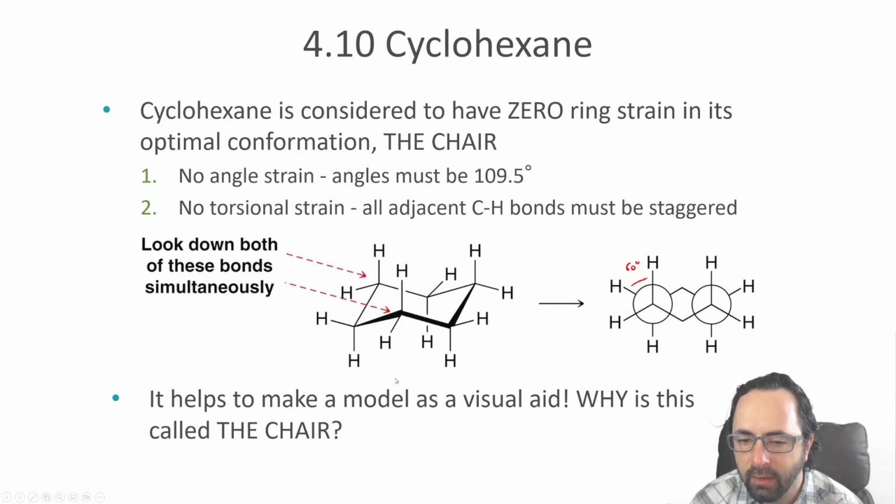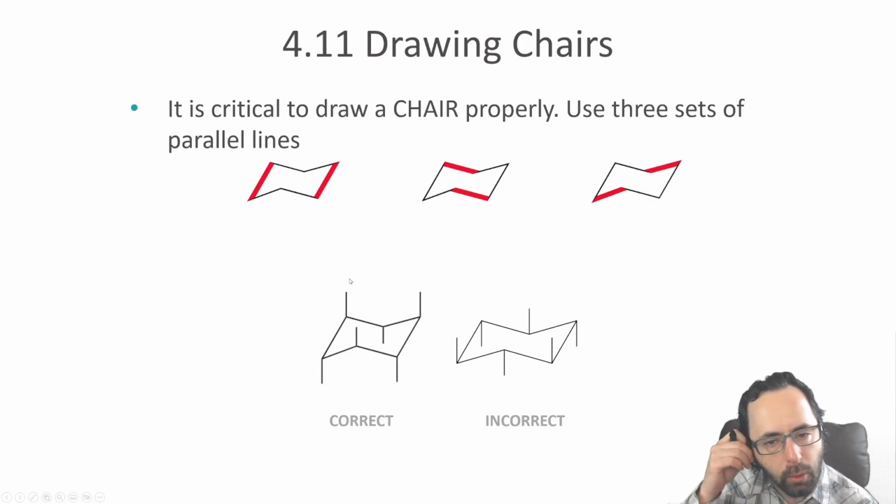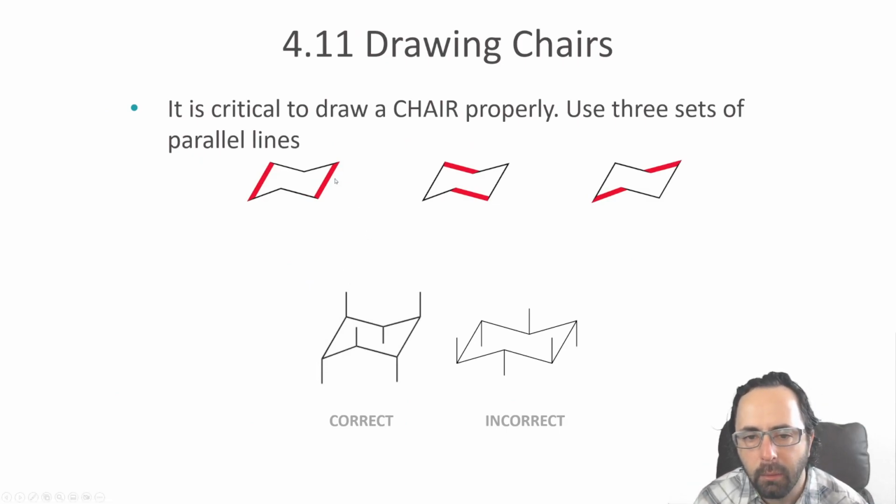We call this the axial position. And when we have large groups together in the axial position, they tend to have some crowding of each other, which we're going to refer to as steric strain. So it's important that you have a facile ability to draw a cyclohexane ring to show these arrangements here.